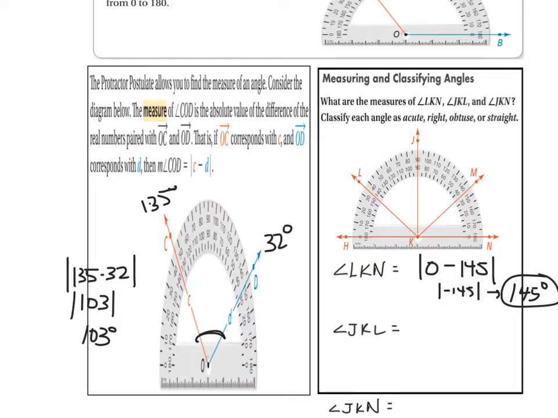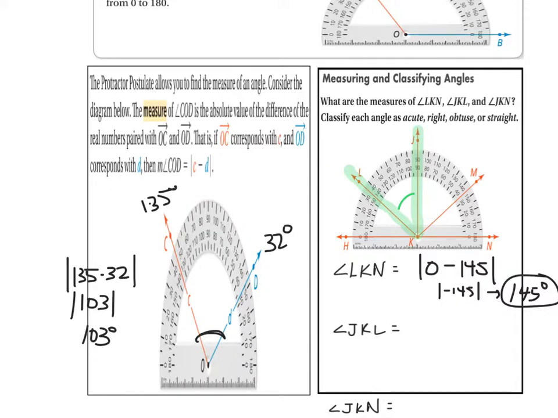So JKL, let's go J to K and to L. That's a little bit better. You can see those numbers through there with a highlighter instead of the pen. All right, so now I go back to my pen, and I want to know, that's JKL. I want to know how much it is for this angle right here.